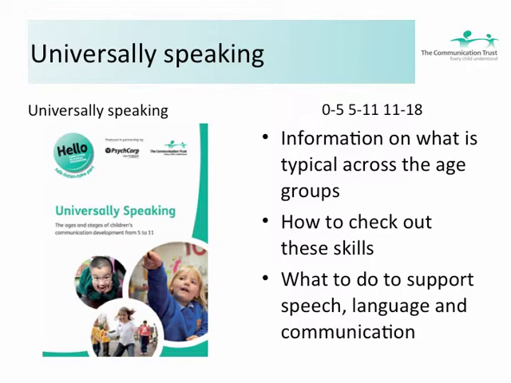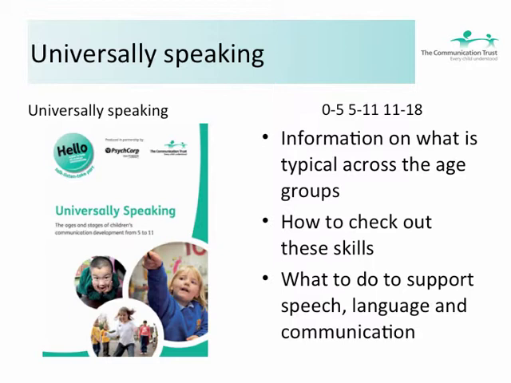These include information on what's typical for children's speech, language and communication, by year groups, essentially. It also gives information about how to check out the skills. So some little things that you can do to not test out, but just check out whether or not they are able to do those things.